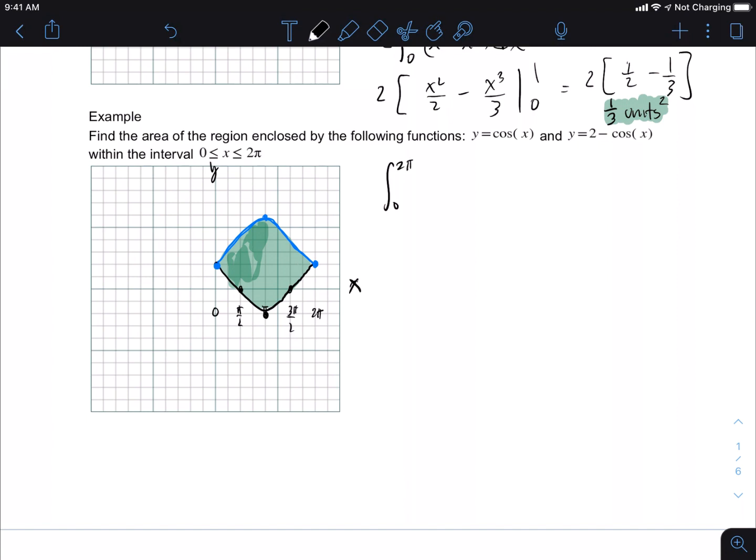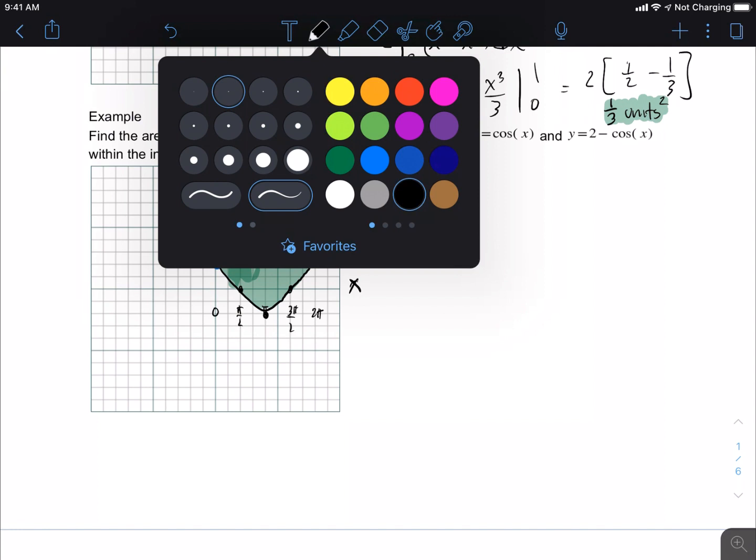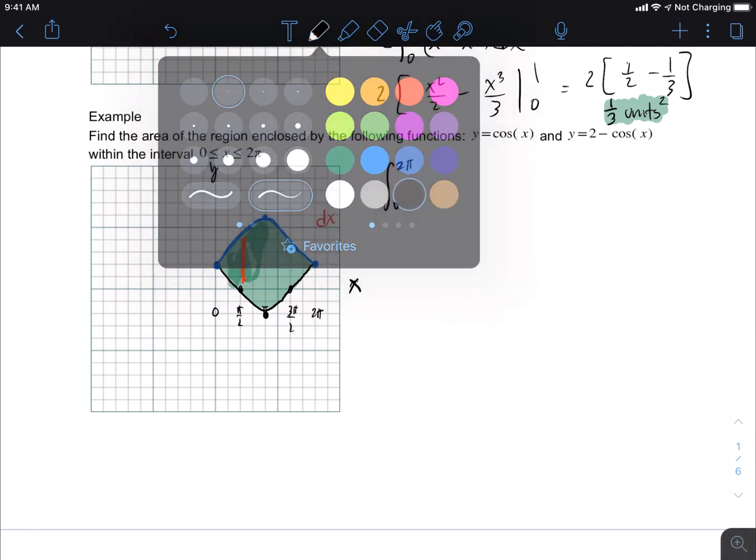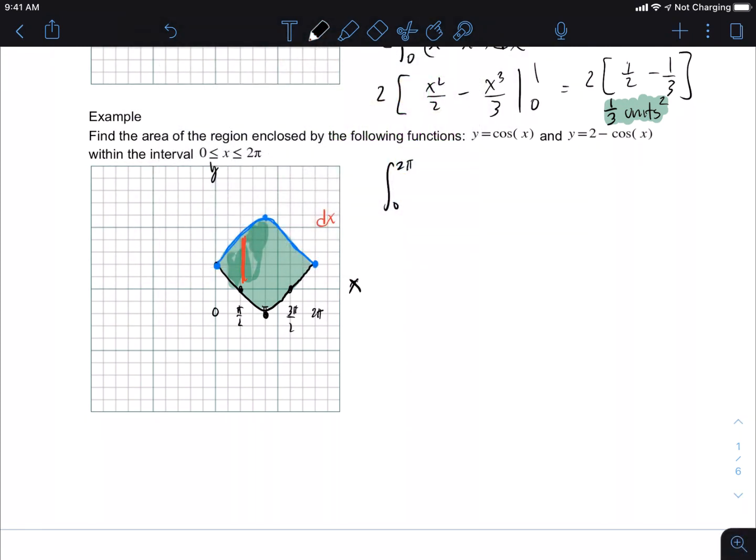We also, because of the slice, and I should write the slice down, because the slice is this way, we know this thing has to be a dx. So everything must be in terms of x. I think it was Daniel who told me that 2 minus cosine was the top function, correct?